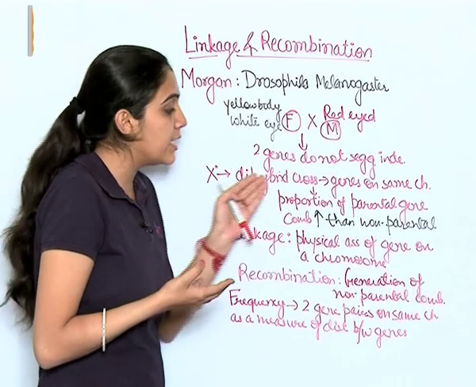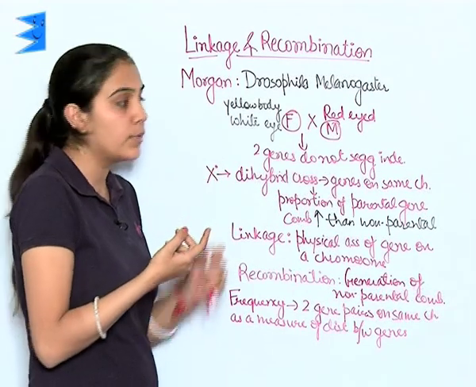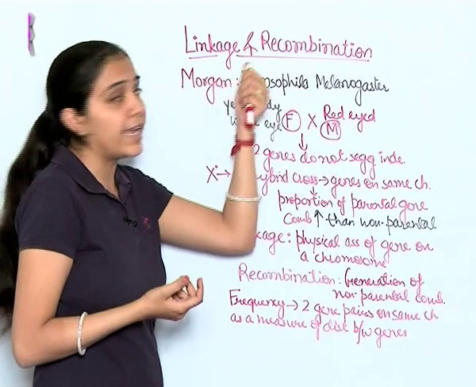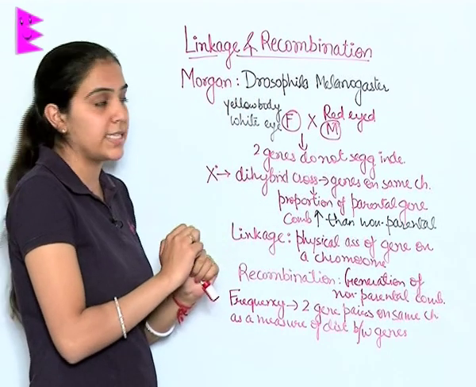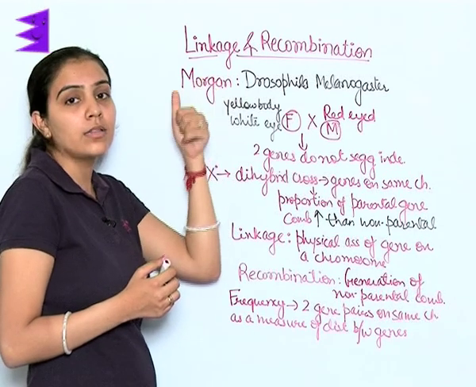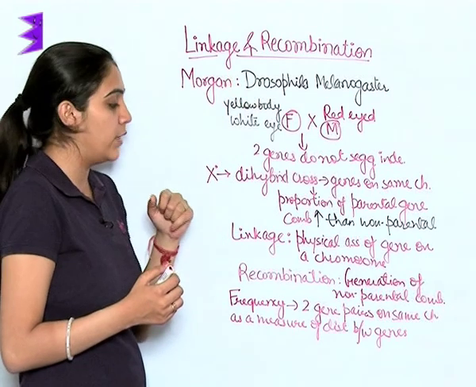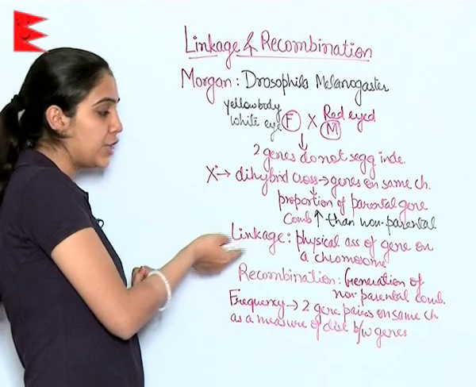But these genes may be tightly bound. If these genes are tightly bound, then linkage will be strong, and if they are loosely bound, they may be located on the same chromosome, but we will observe recombination.